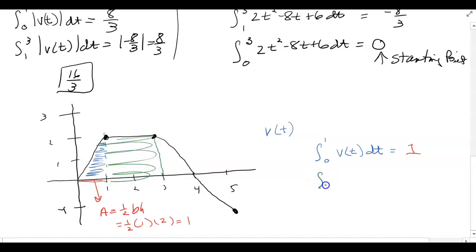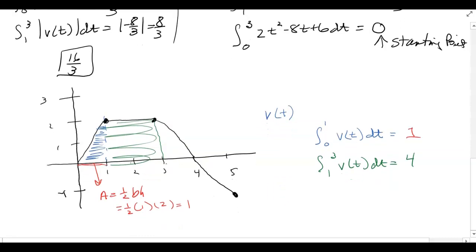Now let's do the next geometric figure I see. Well, that would be between 1 and 3, V(t) dt. Well, we just have a rectangle, base times height. So we have 2 by 2, that's 4. Okay? So in other words, you don't need to overcomplicate. Use what you know about what a definite integral is. It is simply the area under a curve between point A and point B, and so on.